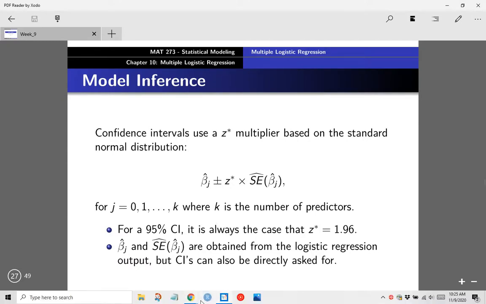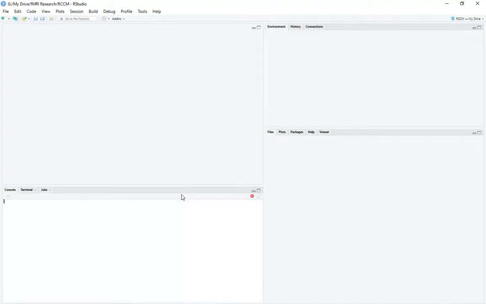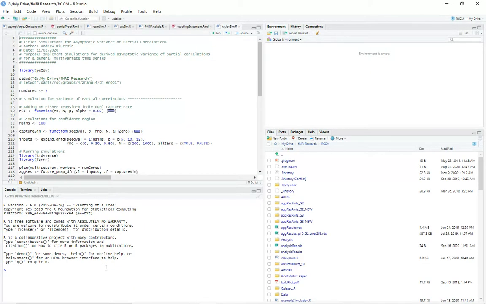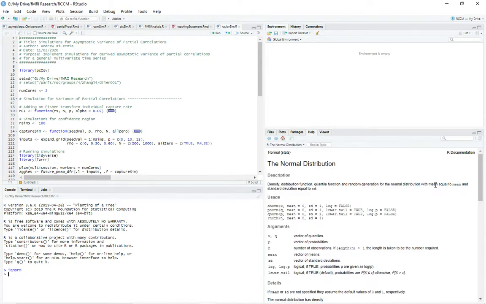And if you're wondering where that comes from, I can show you real quick using R if you wanted to calculate it yourself. It's based on an integral using the probability density function of the standard normal distribution, which is a lot of math stat jargon, but pretty much we can get the quantile of a standard normal distribution here using this qnorm function.